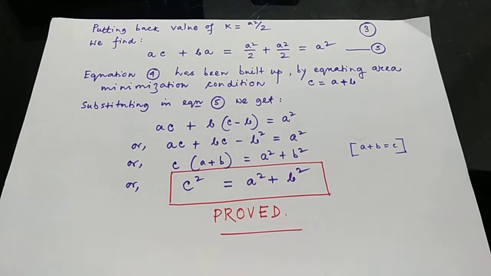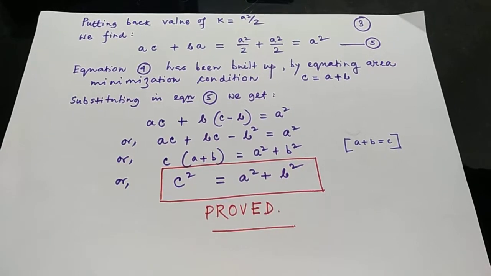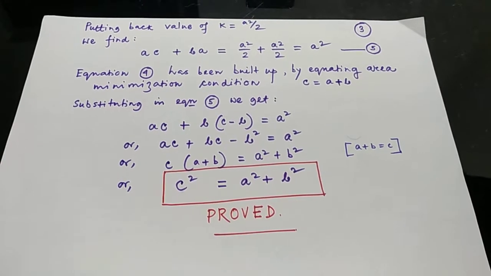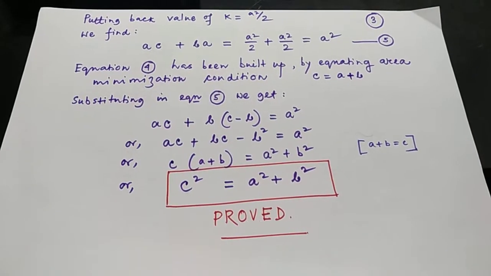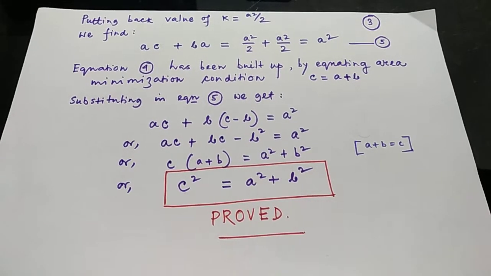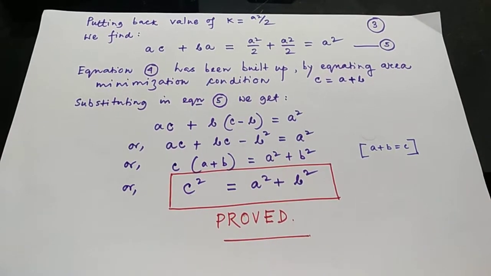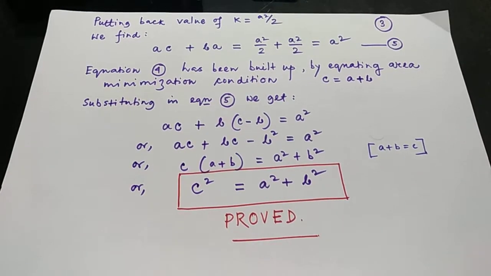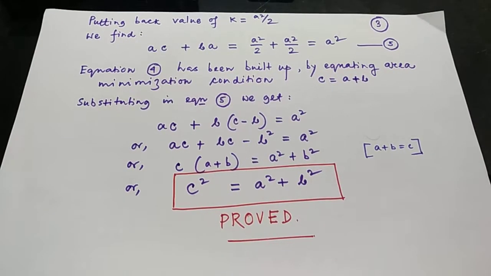So putting back the value of k, we find the equation as AC plus BA equal to A square. As a reminder, equation 4 has been built up by equating the area minimization condition C equal to A plus B. So we can simplify equation 5 by appropriately replacing the value of A, and we get that C into A plus B equals A square plus B square.